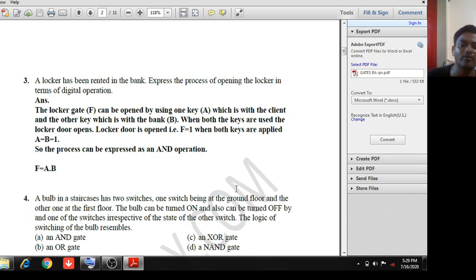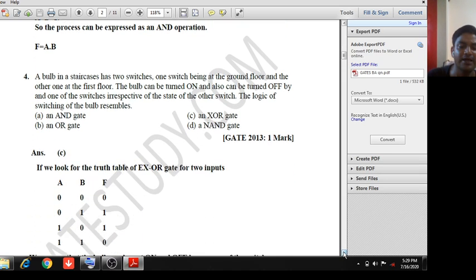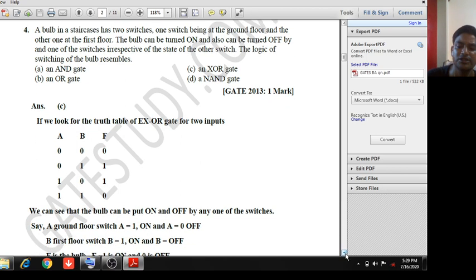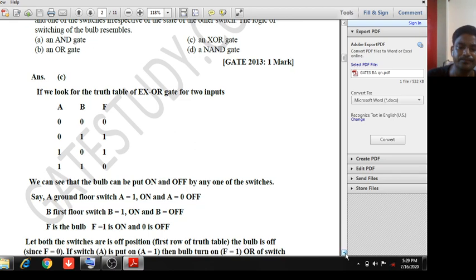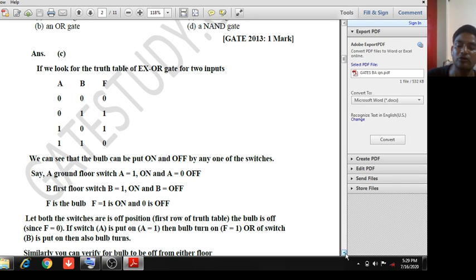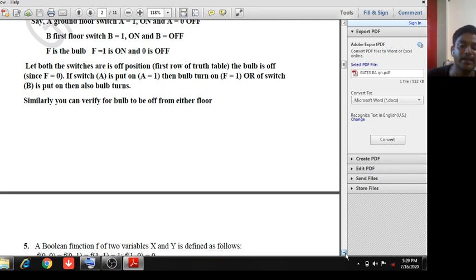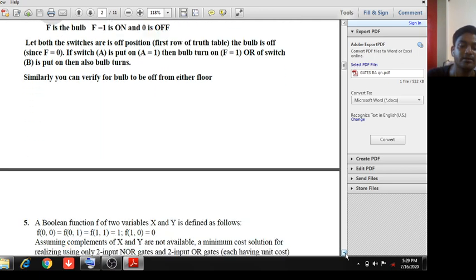So it is an example of XOR gate. This is your truth table. First person is not doing anything, second is not doing anything, output 0. In this way you can check and correlate how to implement these logic gates in your day-to-day life examples. Okay, next. This is an important question.